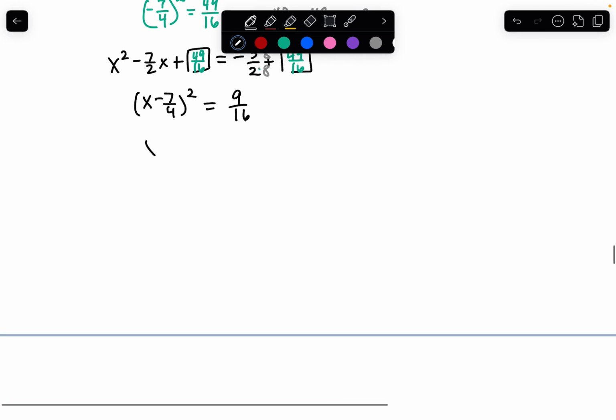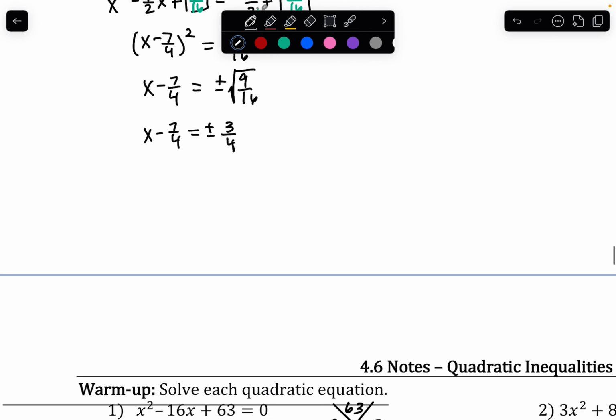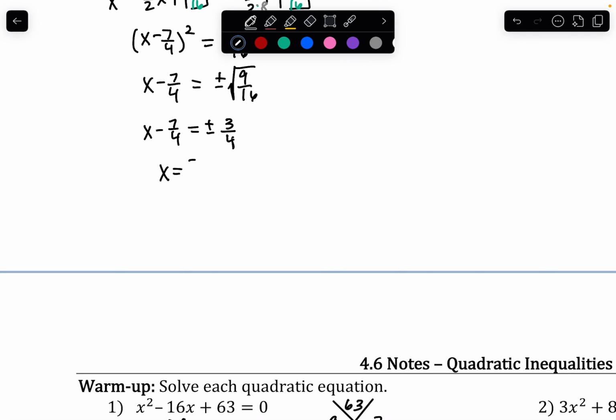Okay, we're ready for the square root property. So x minus 7/4 equals the square root of 9/16. And then we can square root the top and square root the bottom, which would give us 3/4. Move the 7/4 to the other side and write it in front.